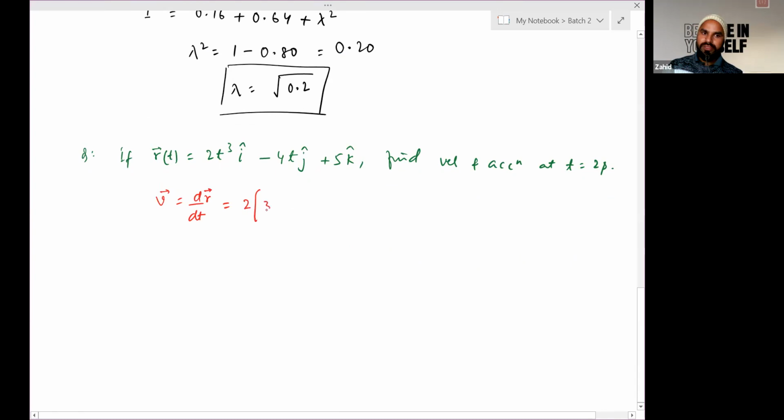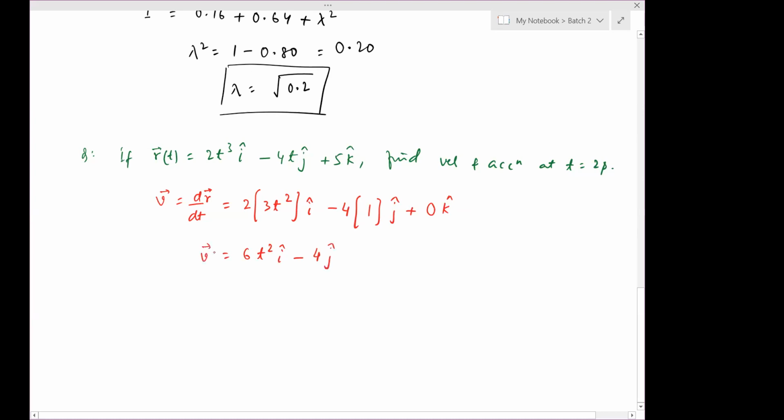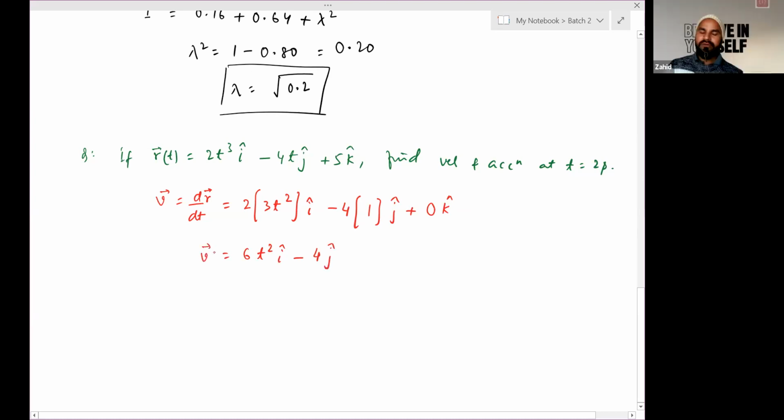T cube on differentiation will be 3t square along I cap, minus 4, t having exponent 1, so on differentiation it will be 1 along J cap. 5 is a constant, so differentiation will be 0. So 6t squared I cap minus 4 J cap. This will be the velocity of the particle at any instant.